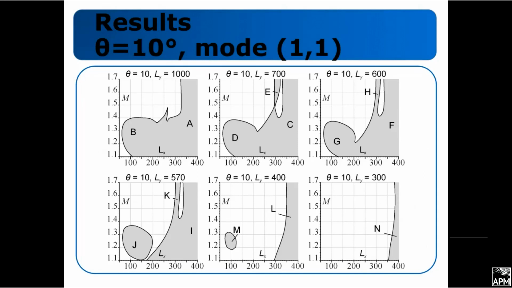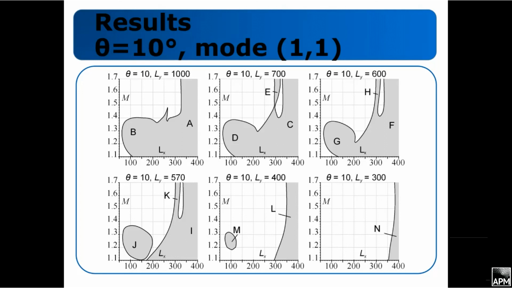With increasing yaw angle, the results become more difficult. At large Ly, the results are close to those at small angle. There is a region of flutter for the first mode, but with decreasing Ly, on one hand there is a narrowing of the region of flutter, but on the other hand there is an additional region of flutter.